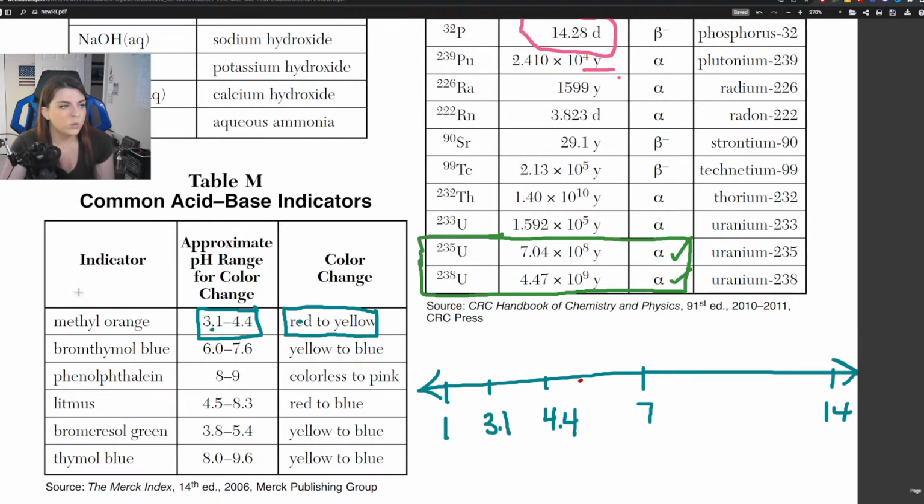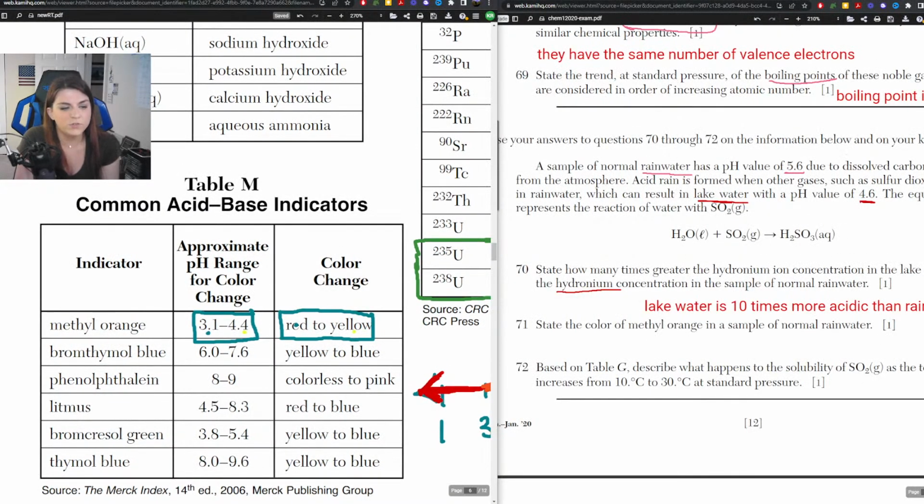Red pairs with 3.1, which means 3.1 and lower, towards 1, would be red. 4.4 pairs with yellow, so 4.4 and higher is going to be yellow. Anything in the middle is the mix of red and yellow, which is going to be orange. They don't really tell you that orange is part of methyl orange. It's in the name, but it's kind of confusing.